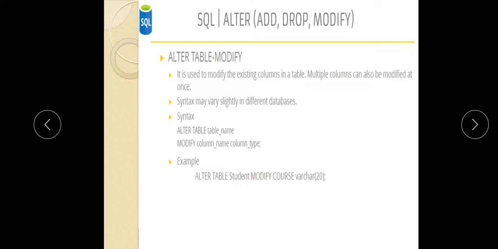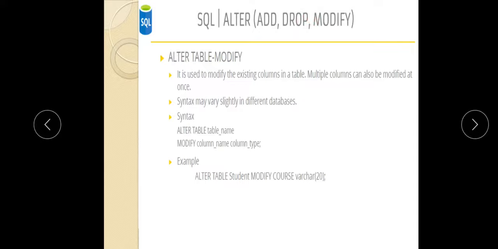In the course column, the modification is to change the data type from varchar of 40 to varchar of 20. So I have made it varchar of 20. Clear? This is how we use the alter command for add, drop and modify column.